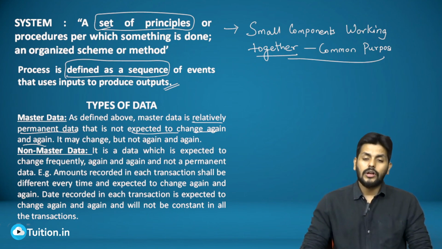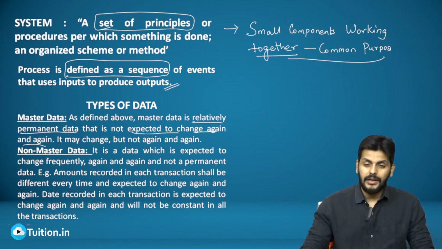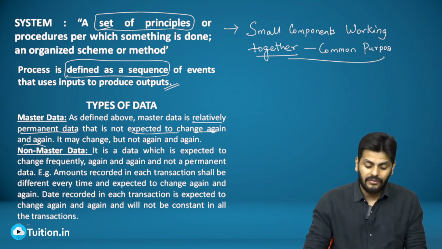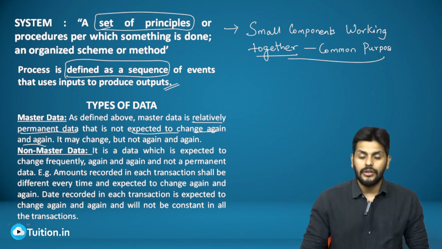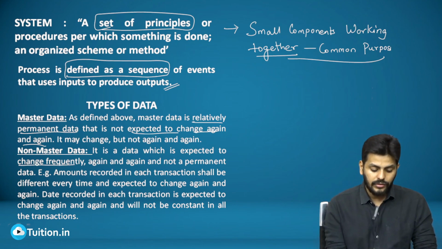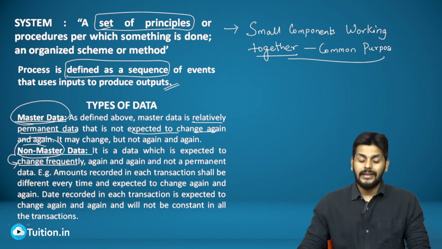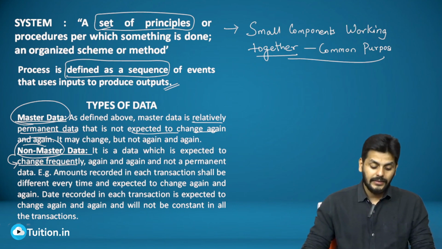And when you talk about transaction data, which is the non-master data, that is going to change transaction after transaction and area after area. Non-master data is the data which is expected to change frequently. So master data does not change very frequently, while non-master data changes frequently again and again, and is not permanent data.